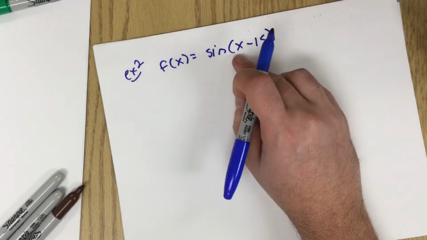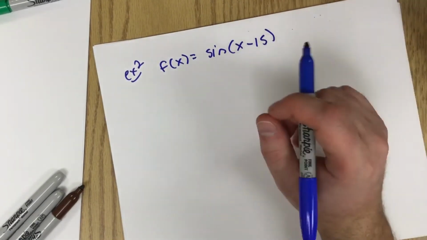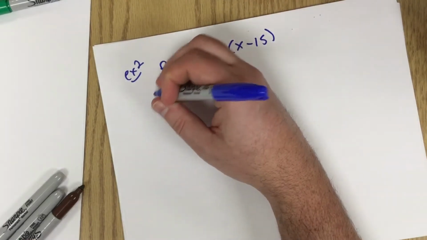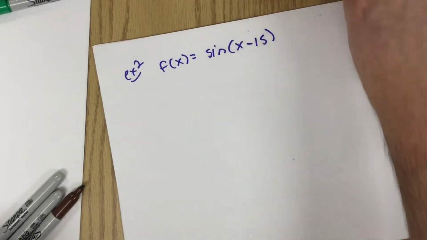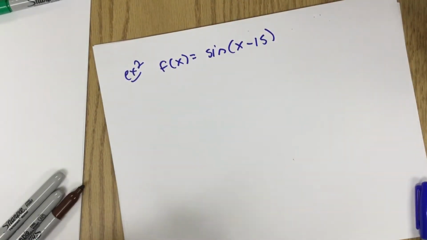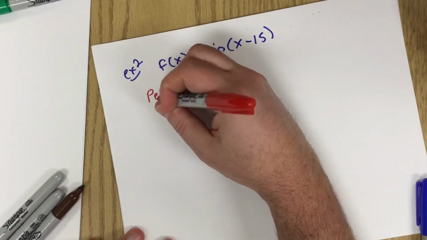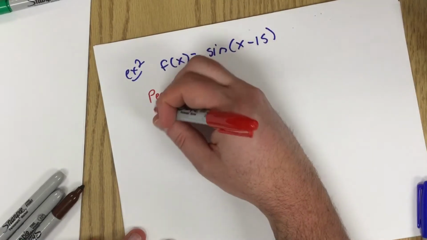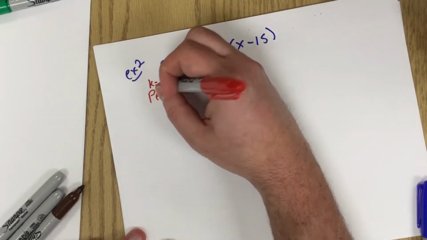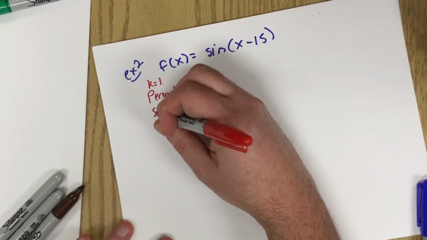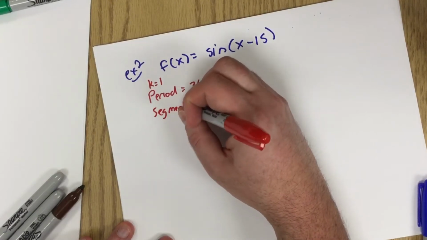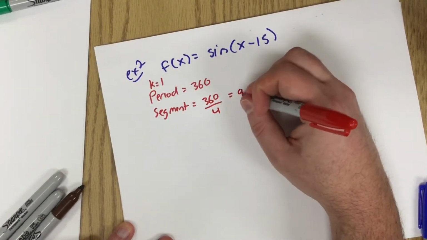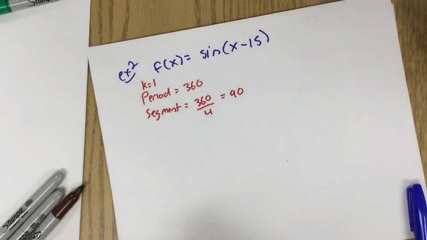There's no special k value here; the k value is 1. So the period is going to be 360, and a segment is 360 over 4, which is 90.